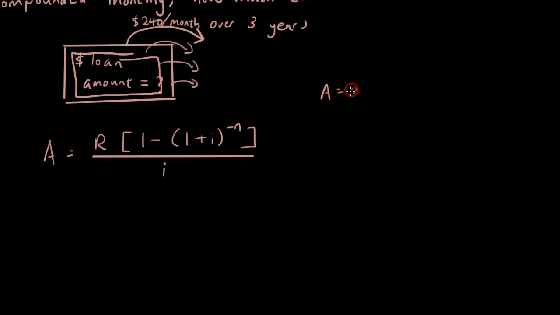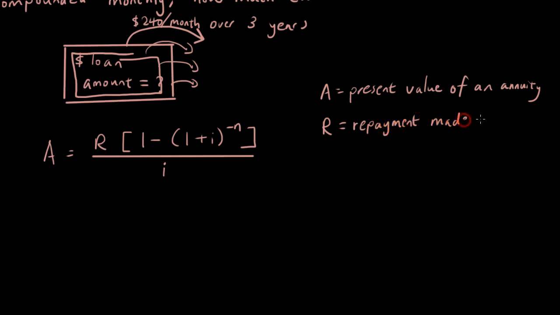A is the present value of the annuity that we are talking about. R is the repayment made at the end of each time period.